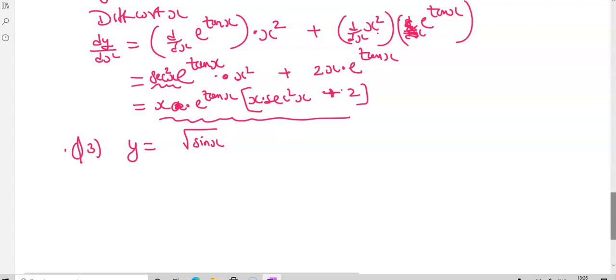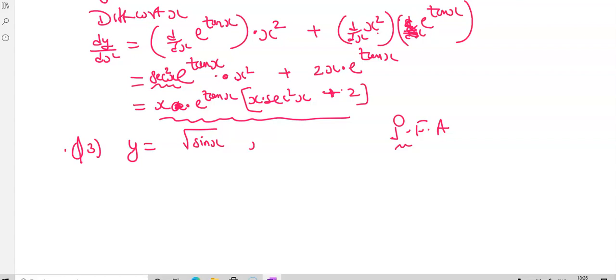Now you don't know the power function and angle formula. You have a power there. First step, once you are learning this concept, squaring both sides. What is y square equal to sin x?